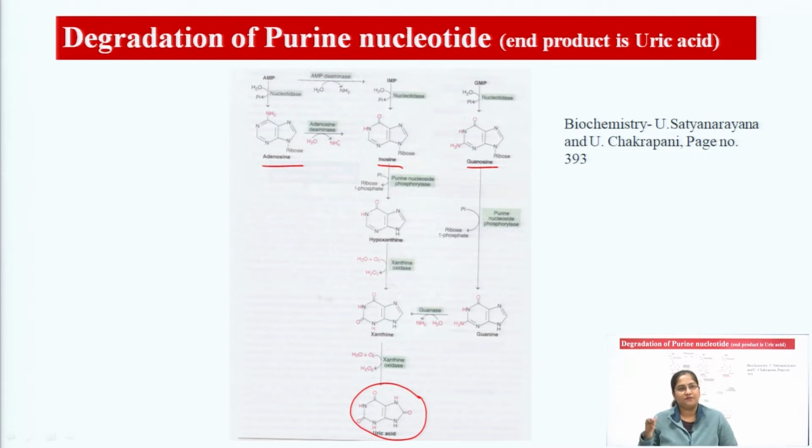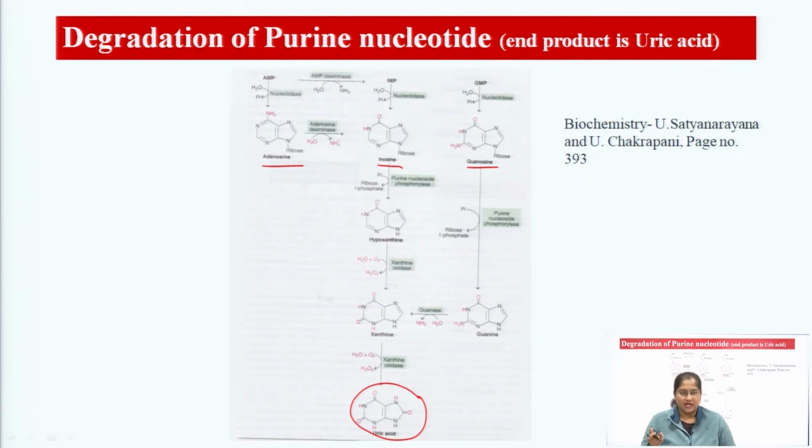Uric acid is easily excreted from our body through urine, and it is completely water soluble, so there is no problem in excreting it.